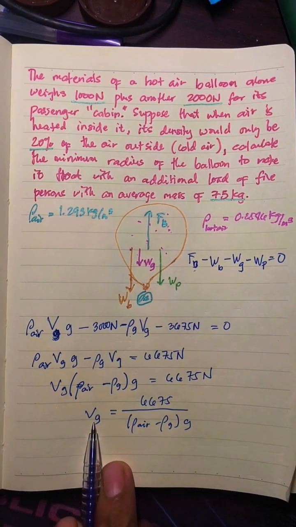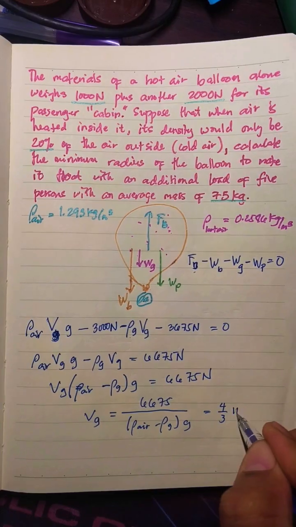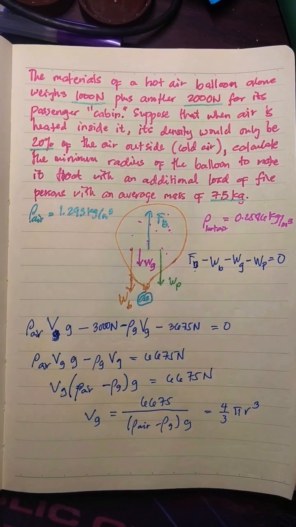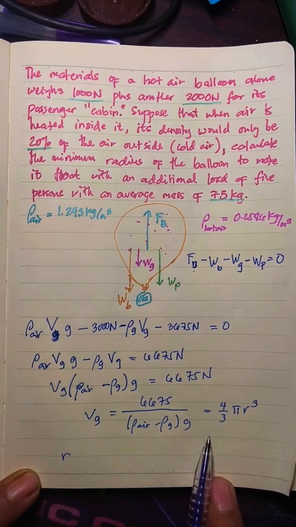But this Vg, since this is a sphere, is equal to 4/3 pi r cubed. So our r is just the cube root of this.